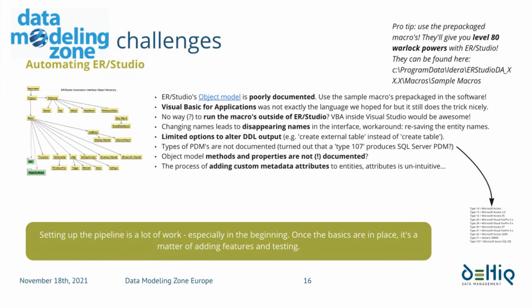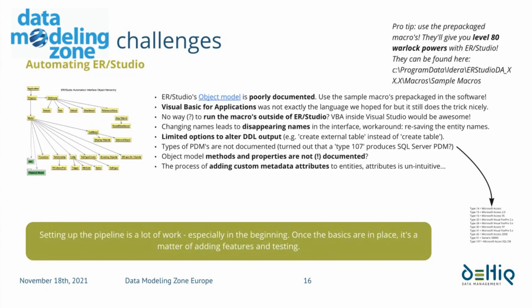There were some little bugs in ER Studio when you changed, for instance, the entity names or domain names. The names disappeared after all. They were named Entity1, Entity2, and so forth. Resaving or re-editing them was the trick to fix this problem. DDL output is limited.